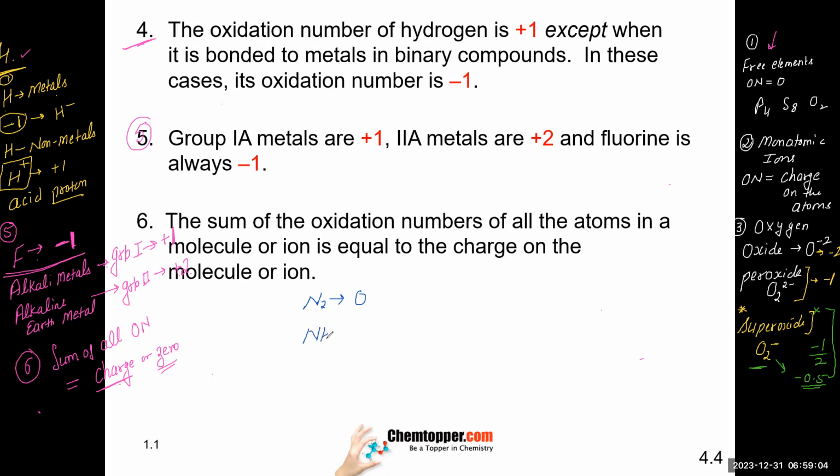NH3. Rule number 4, hydrogen is with non-metal, so hydrogen is +1. So nitrogen I want to calculate. So X plus 3 times +1. Is there any charge on this? No. So what's the oxidation number of nitrogen here? It is -3.